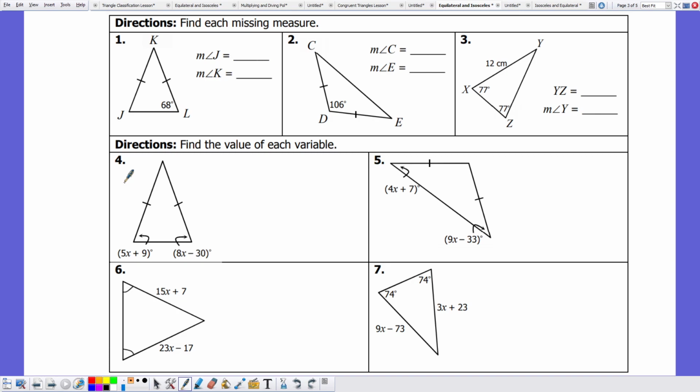Two equal sides mean two equal angles. And in this case, the side opposite to KL would be the angle at J. That means J and L must have the same measure, that being 68 degrees.